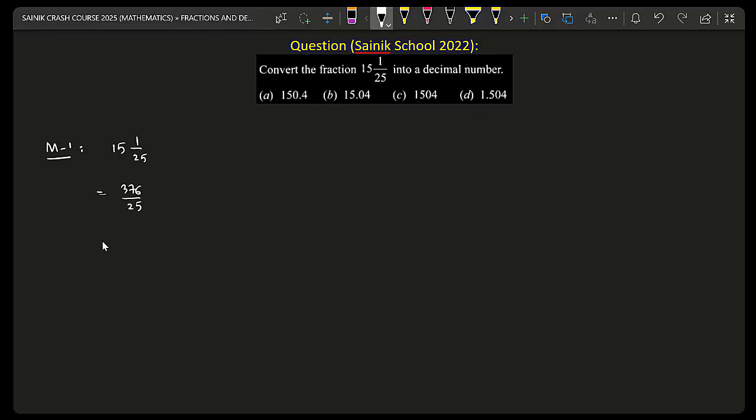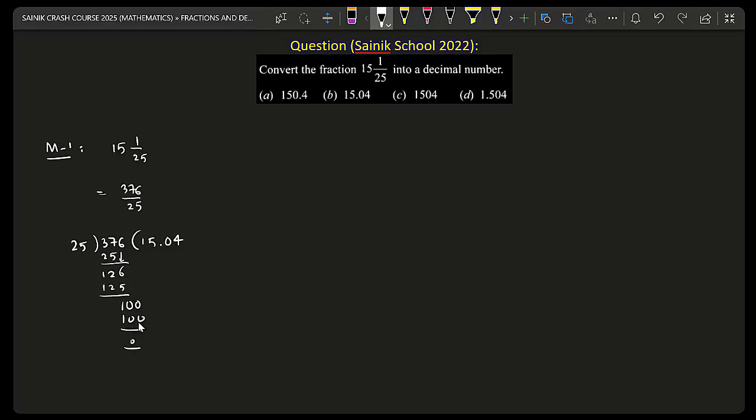Now we will convert into decimal form, 376 by 25. 25 ones are 25, so the remainder is 12. Take down 6. 25 fives are 125. 1 is remaining. Use decimal, you'll get 0. Still, this is not sufficient. Use one more 0, you'll receive one more 0. 25 fours are 100.